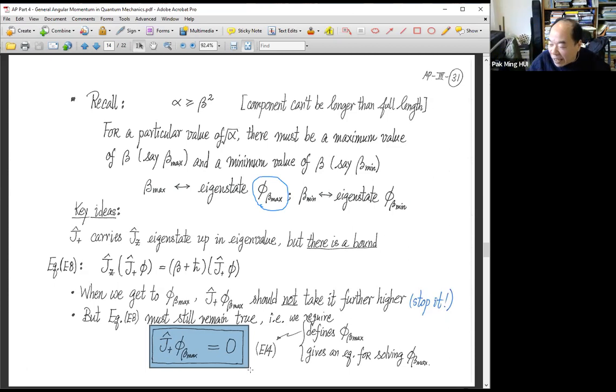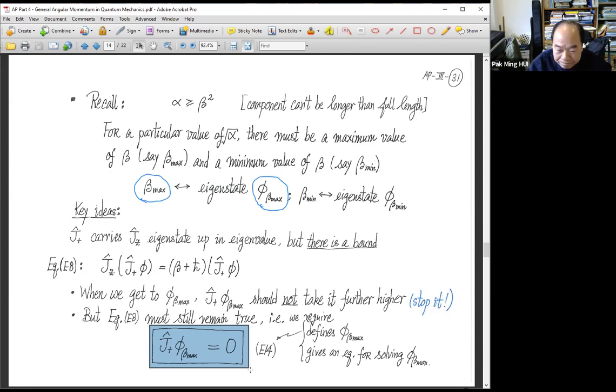Therefore, the eigenvalue will stop at some beta maximum and never go beyond the length of the vector. So equation 14 defines the highest Z component eigenstate. It must satisfy this equation.